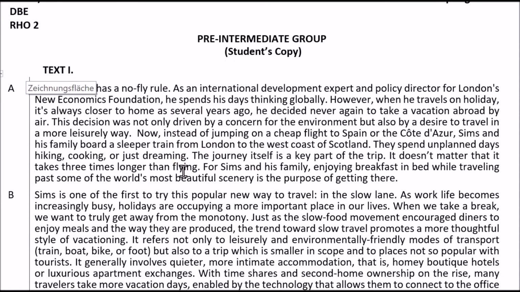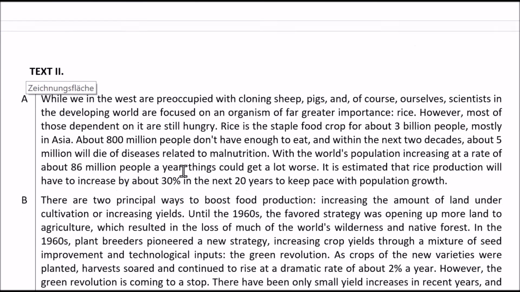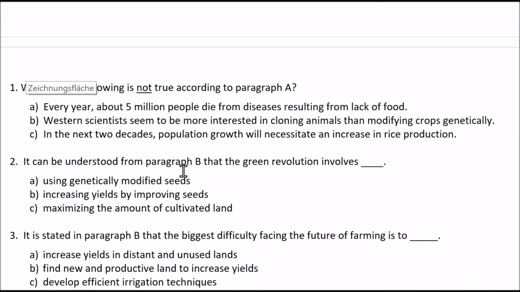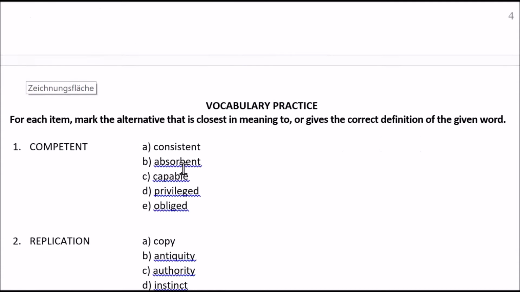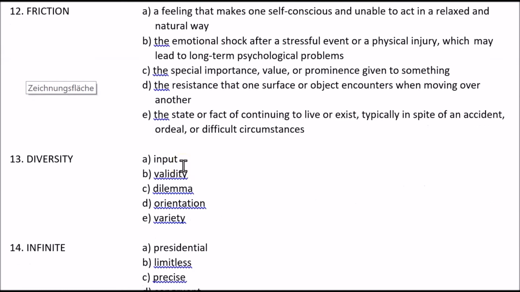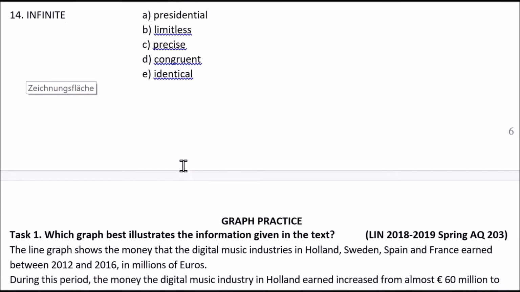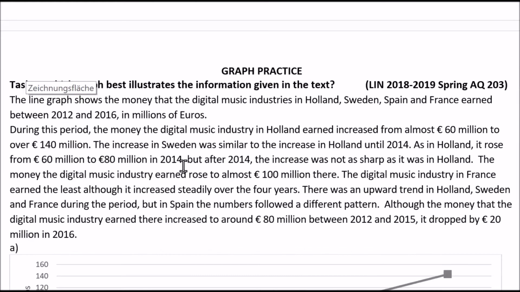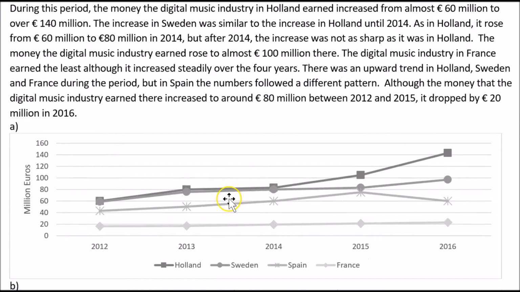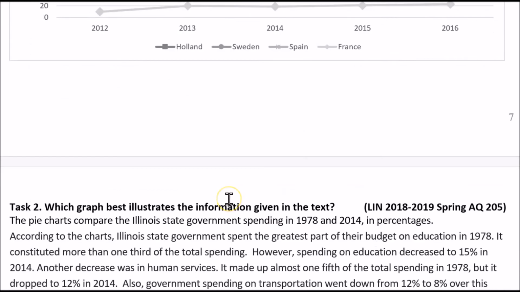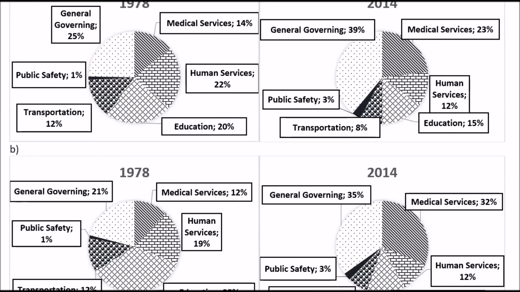This is how text 1 looks, and there are some multiple choice questions following it, and there comes text 2 with again some multiple choice questions, and after that comes a vocabulary practice comprised of 14 vocabulary questions, and after the text and the vocabulary practice comes the graph practice with 2 tasks. The first task is about some line graphs, and the second is on some pie charts.